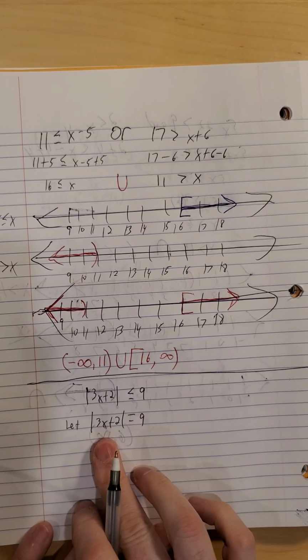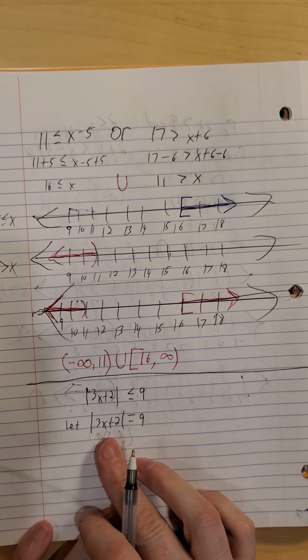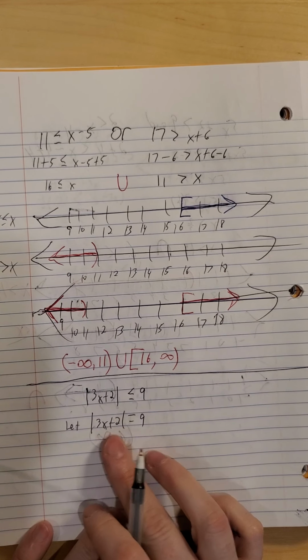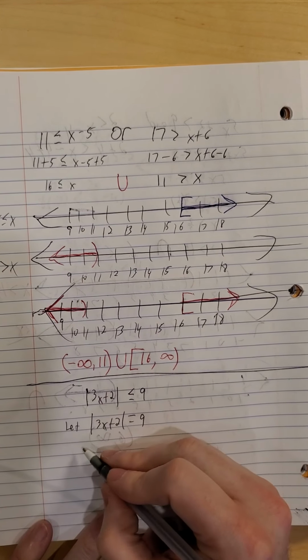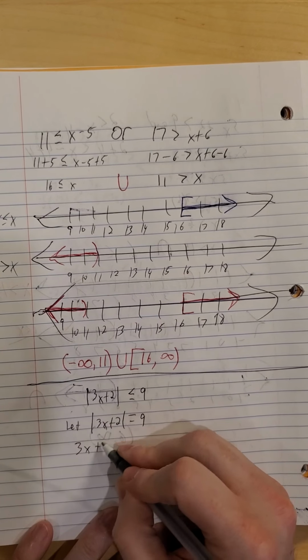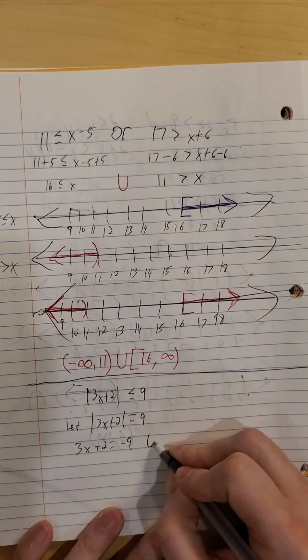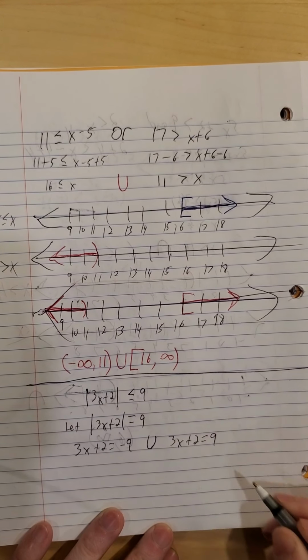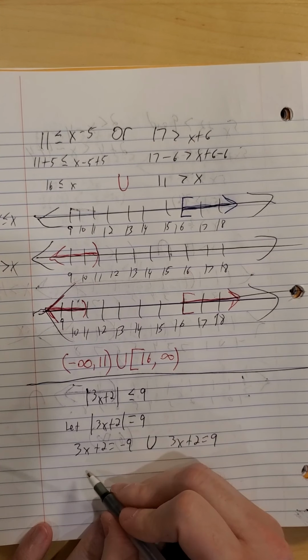Absolute value is by itself. If it's not, fix that first and then move on from there. Absolute value equals a positive is 2 possible solutions. It might be worth negative 9, union that up with the possibility that it was worth positive 9. And we'll solve those two.